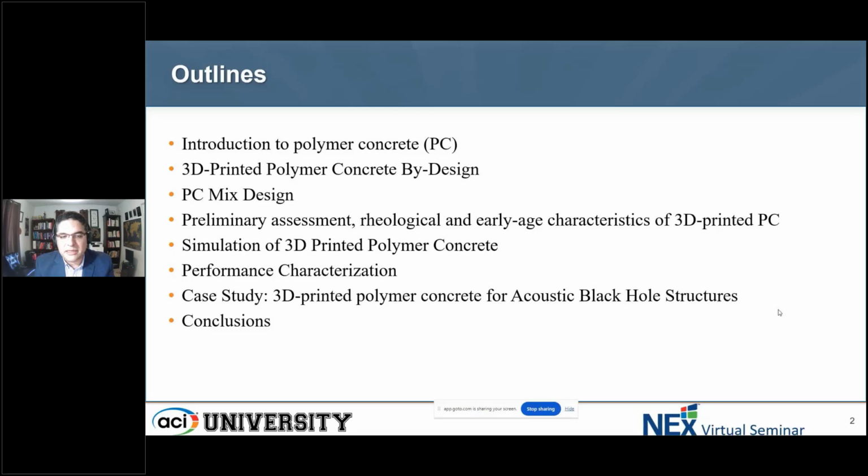The way we do the preliminary assessment and the rheological characterization, and then simulation for the printing, and then the performance characterization once we start doing the printing. Then we'll give a case study of a new work we are doing on what we call acoustic black hole structures using 3D printed polymer concrete. Then we'll wrap up with some conclusions.